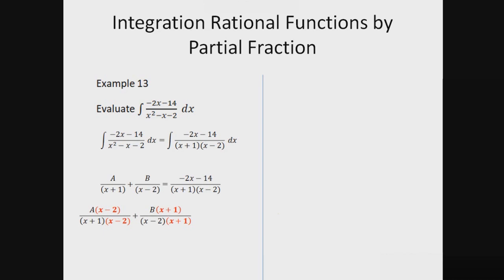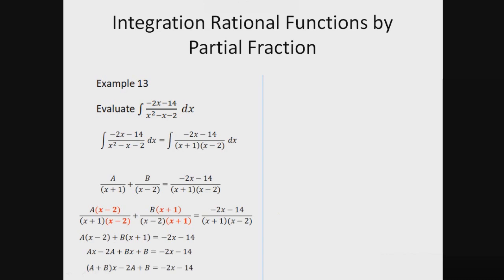And then we take out all the numerators. Then we get a(x minus 2) plus b(x plus 1) is equal to negative 2x minus 14. And then we expand, and we get ax minus 2a plus bx plus b is equal to negative 2x minus 14. And then we separate it into coefficients that have x and do not have x.